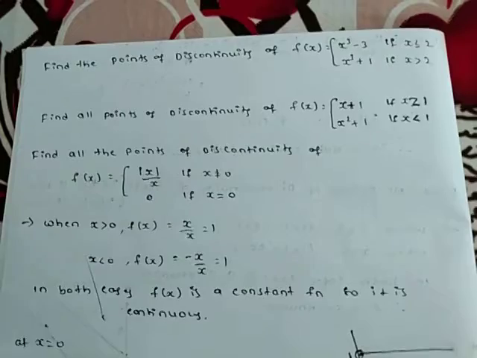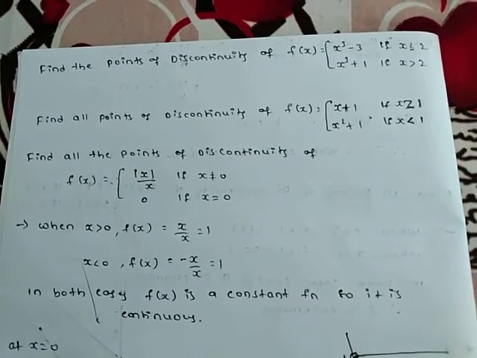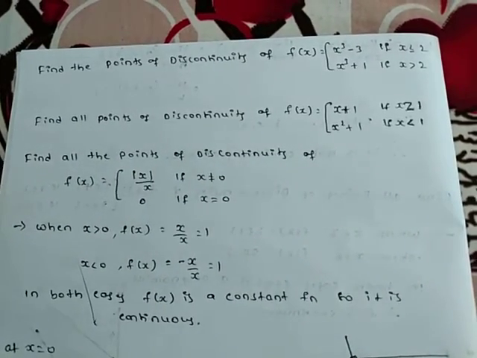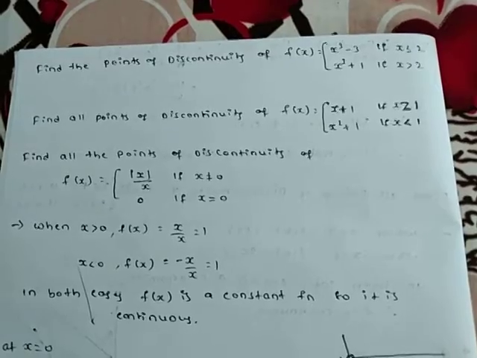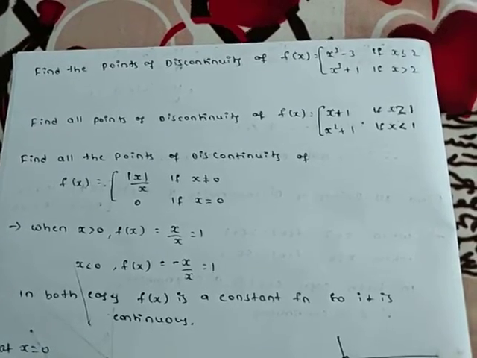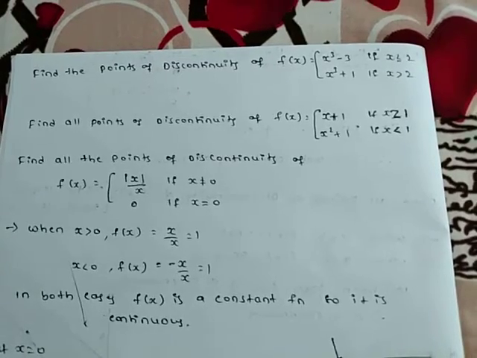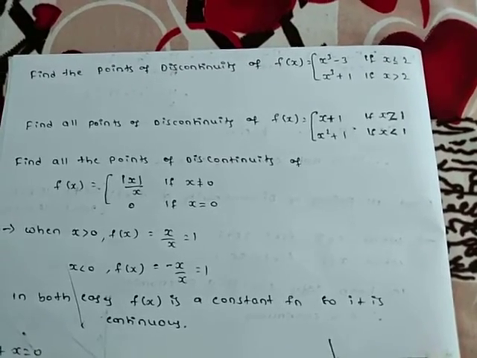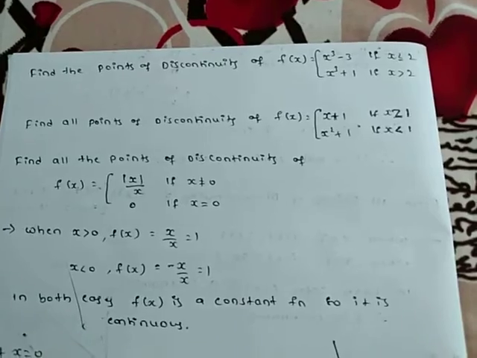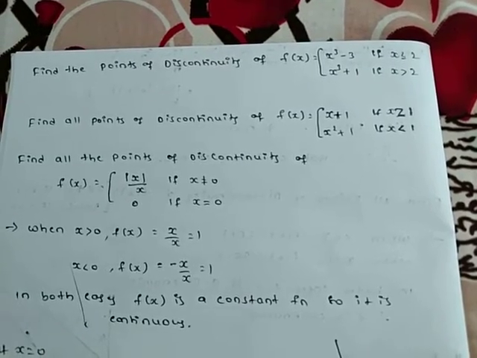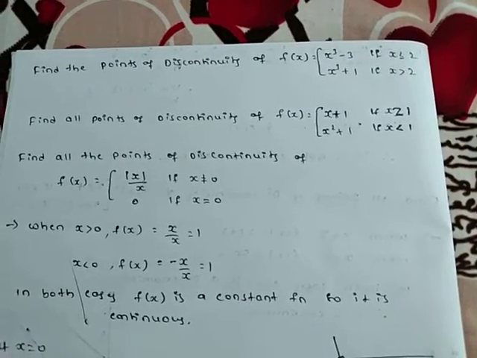Next question is, find all points of discontinuity of f of x is equal to x plus 1 if x is greater than or equal to 1, x square plus 1 if x is less than 1. In the previous problem we have shown how to check the discontinuity points, so in a similar way you can find the solution for these two problems.